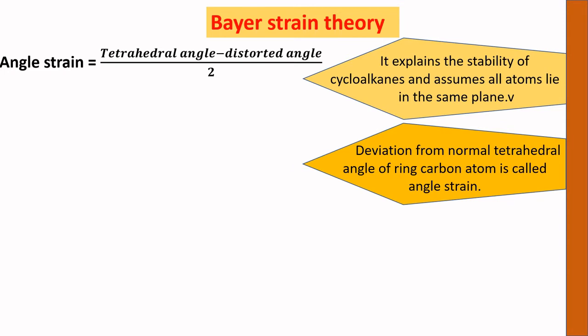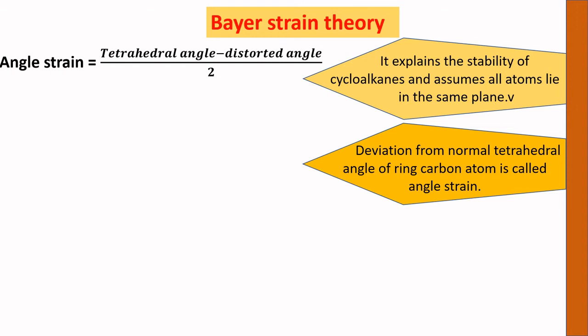And the second point: the deviation from the normal tetrahedral angle of the ring carbon atom is called angle strain. So what is the angle strain? Basically, a carbon atom in the cycloalkane or alkane is sp3 hybridized, and it is a tetrahedral carbon atom. As you know, the tetrahedral angle is 109 degrees 28 minutes.